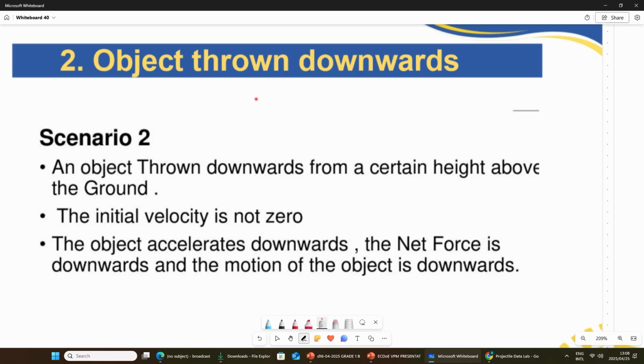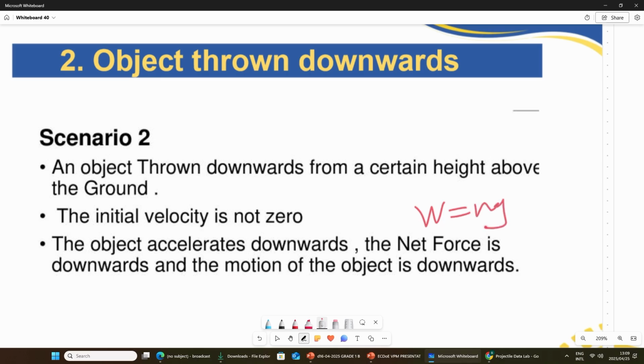So we'll look at the scenario for an object that is thrown downwards from a certain height above the ground. Then the initial velocity, as we said, is not 0. The object accelerates downwards, and the net force is also downwards, because that is our weight.